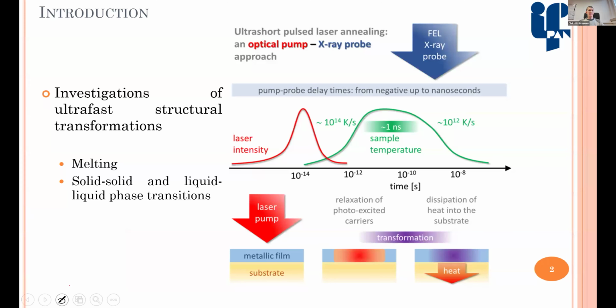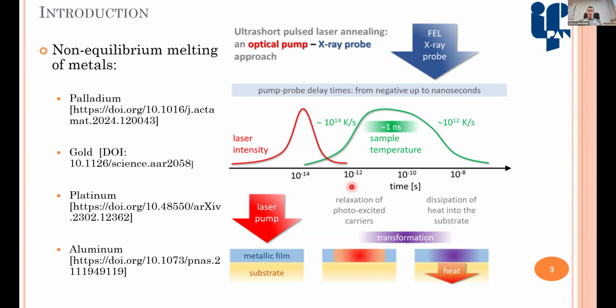We are pumping the sample by laser, some relaxation occurs and some structure transformation occurs, and using a femtosecond probing method such as XFELs, we can capture the structure changes in our investigated object.